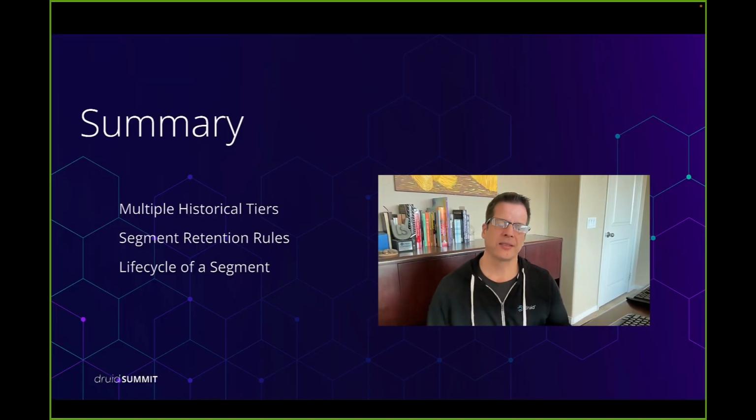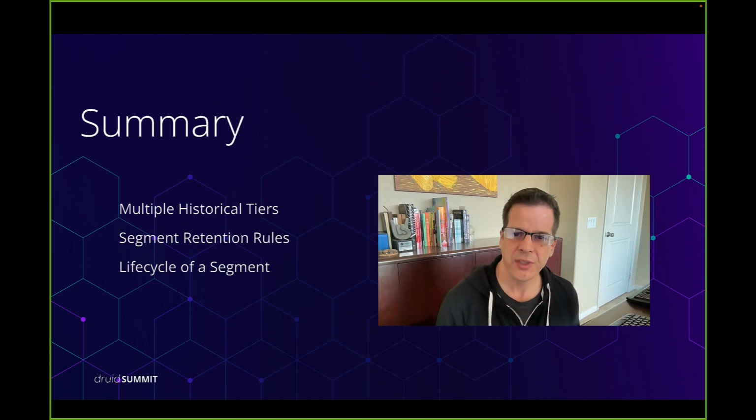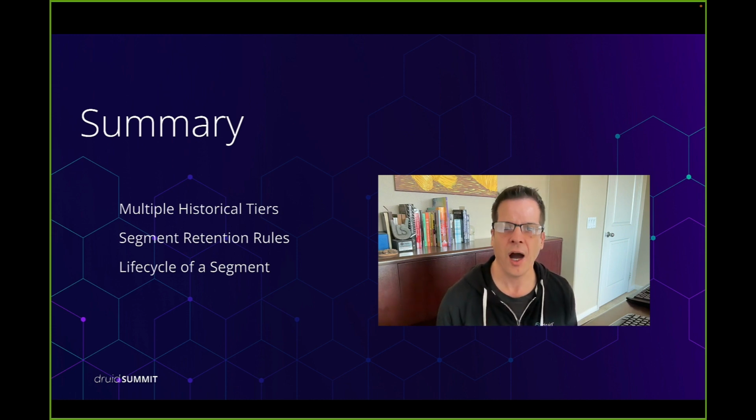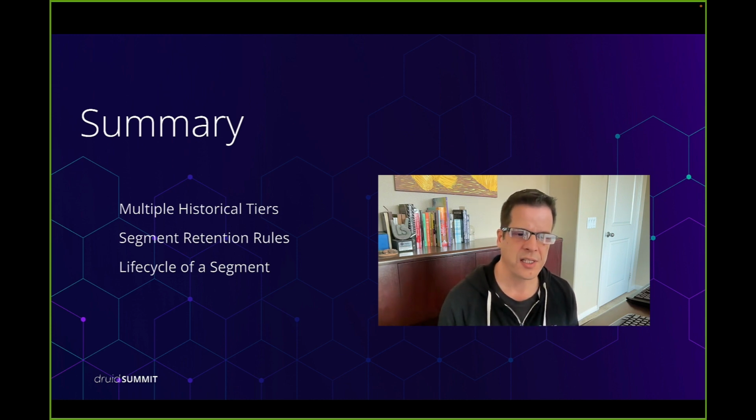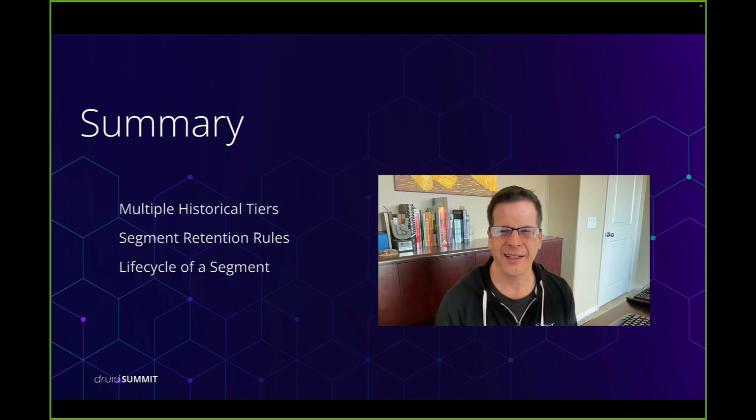So to summarize, we talked about multiple historical tiers and how you can use them to be more cost efficient, right? So to have the hottest data, the one that's most queried, in more expensive servers, so you can deal with higher concurrency and the faster response times that they provide. And colder tiers, where Druid will manage the migration of the segments from one to the other for older data that is typically less queried, so that requires less concurrency and potentially has lower SLAs in terms of performance.